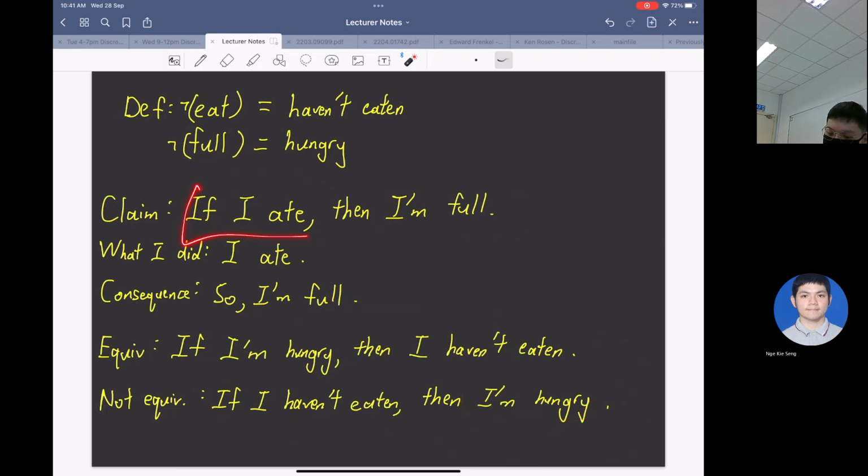But when you say if you ate, then you must be full. If you are hungry, that means you haven't eaten. But if you haven't eaten, it doesn't mean you are hungry.